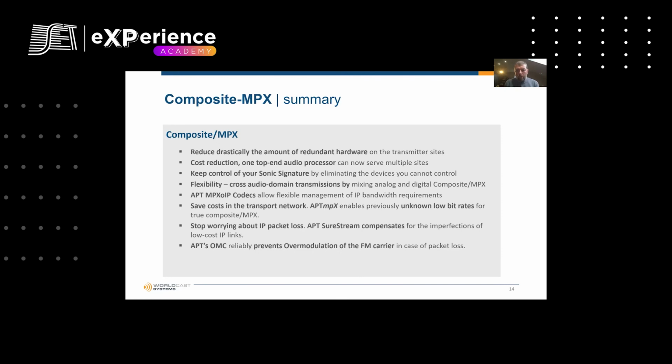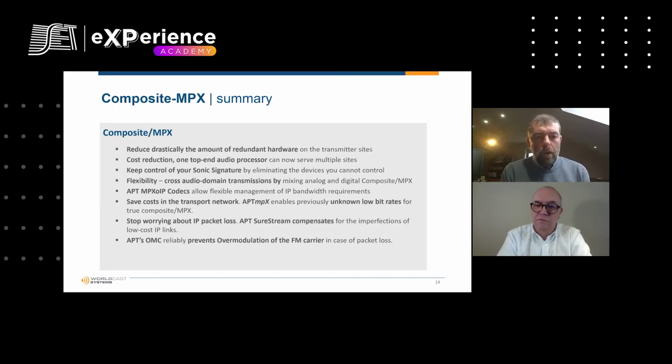You've got flexibility with our solution, so we can mix up analog, the older composite MPX format, with the new digital AES192. We can also save now on transport costs with our new APT MPX. We're doing much lower bit rates than the linear MPX composite, which goes from 4.6 megabits to 2 megabits.